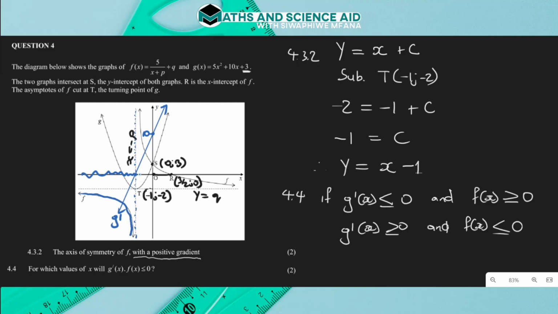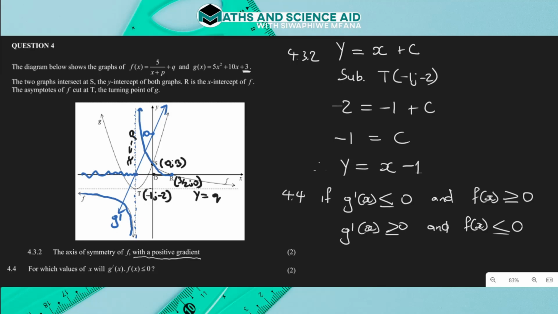Now, if we move on to the values starting from here, we say that the y values of g prime are all positive. So g prime is above the x-axis, right? However, even the values of f, because now this is the part of f we have to consider, are positive up until we reach r.